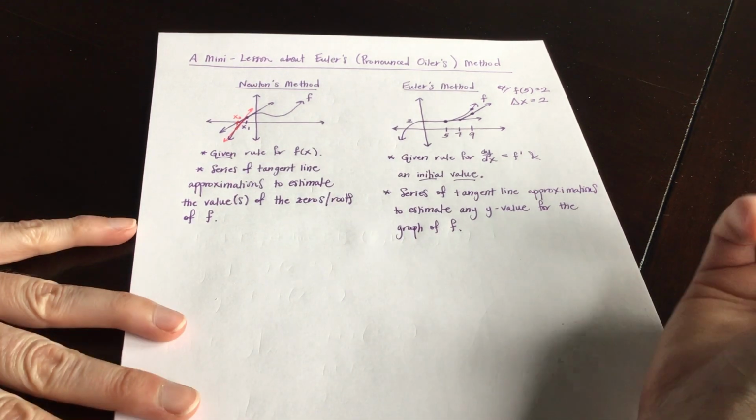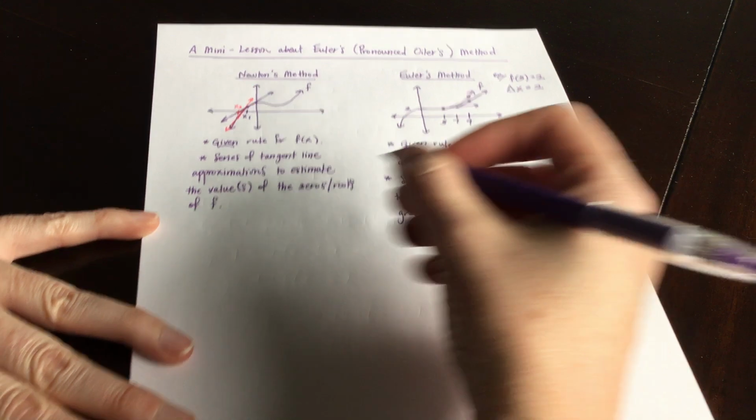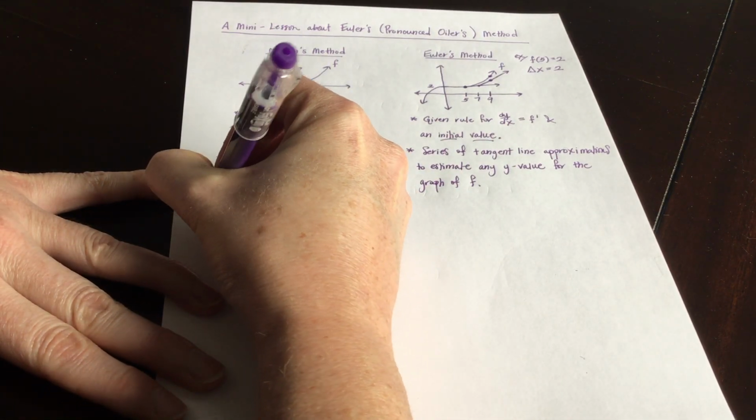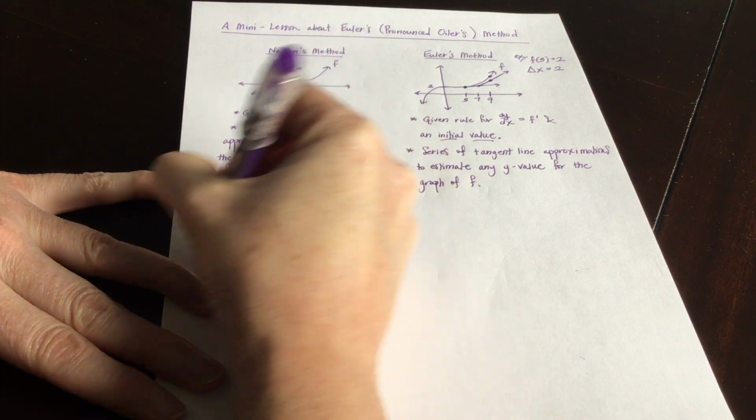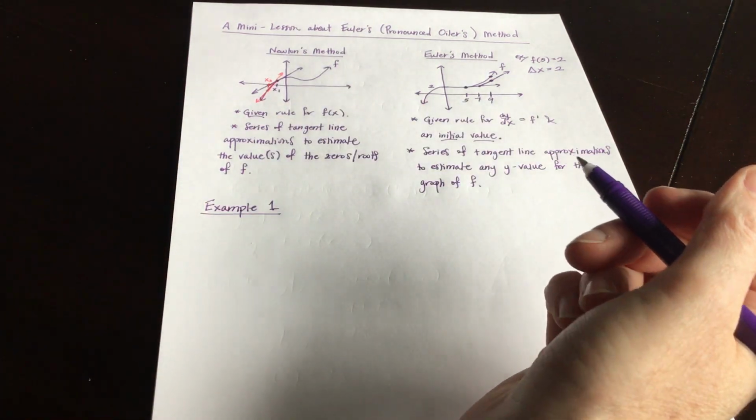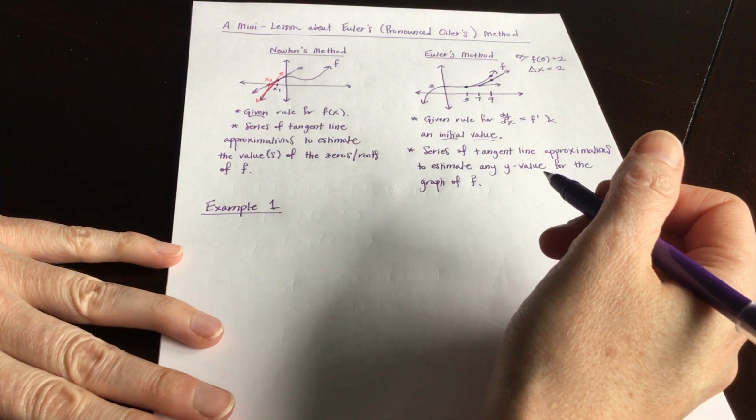Okay, so let's give you an example, because it's pretty possible that right now you're swimming in theory and wondering, hey, Mizzy, can you just show me how to do one? So here you go.